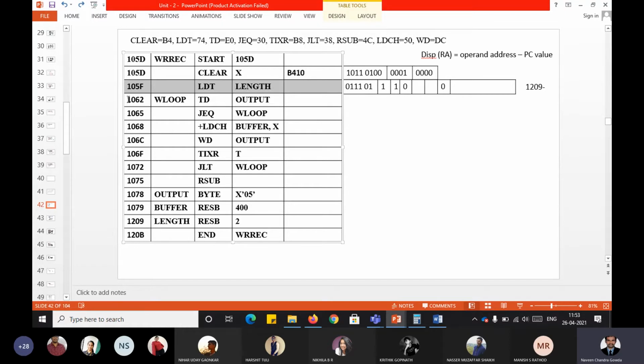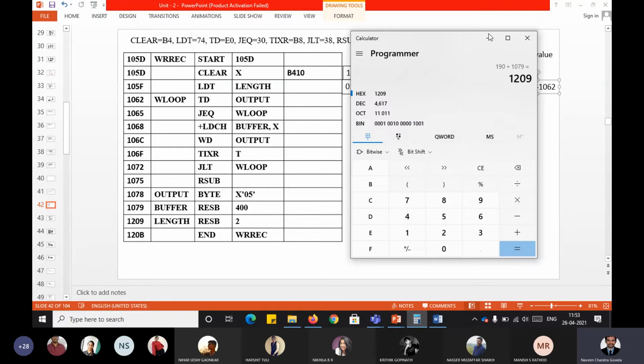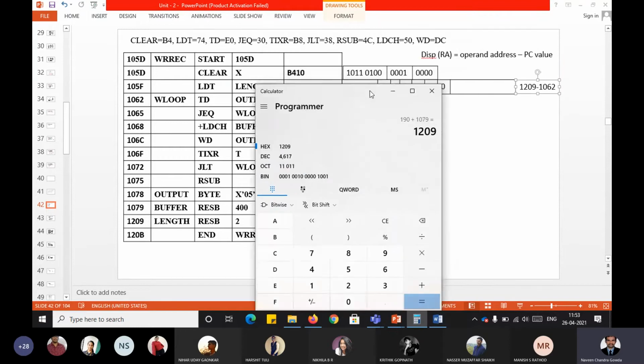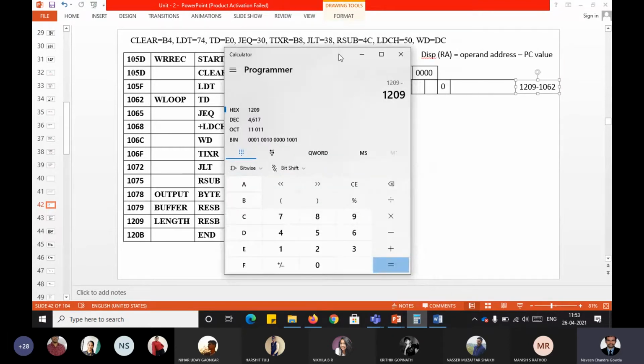What is the next address? It is 1062. So 1209 minus 1062. What value do you get? You get 1A7.